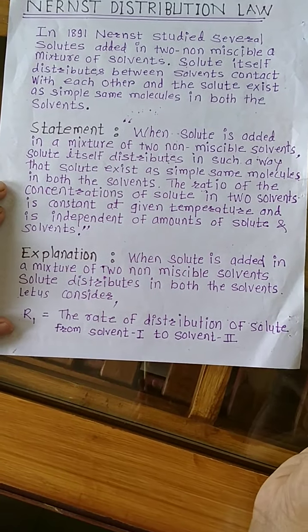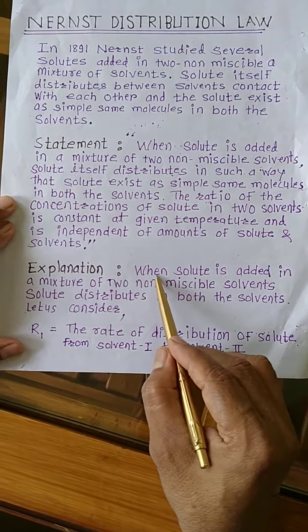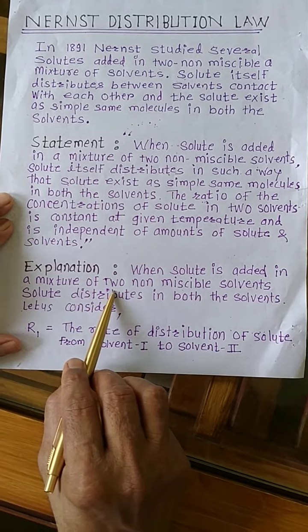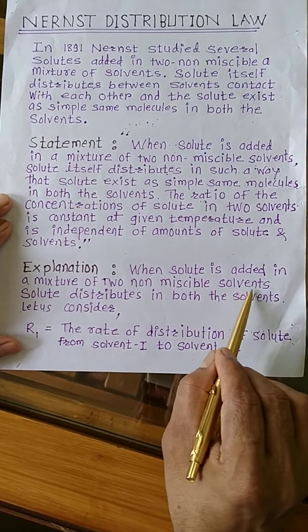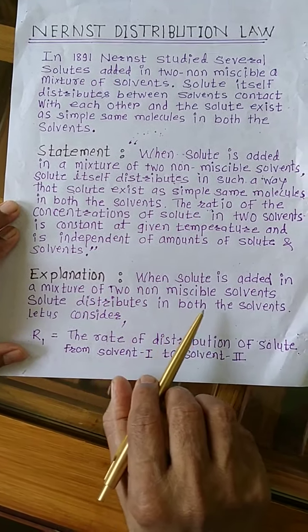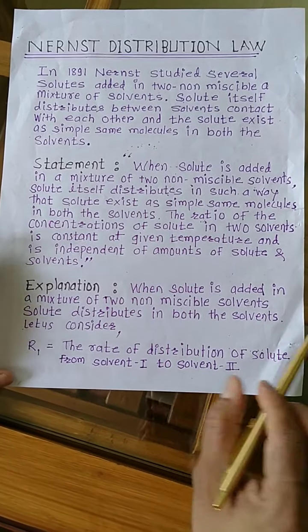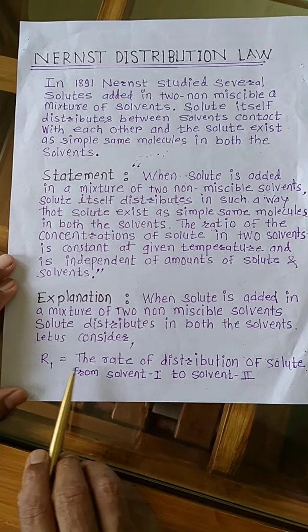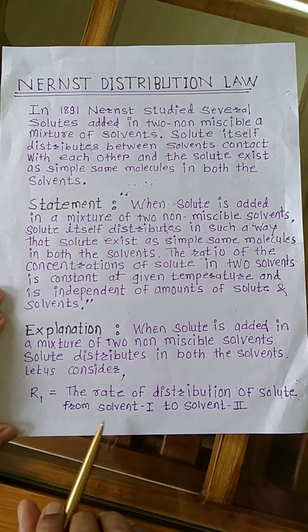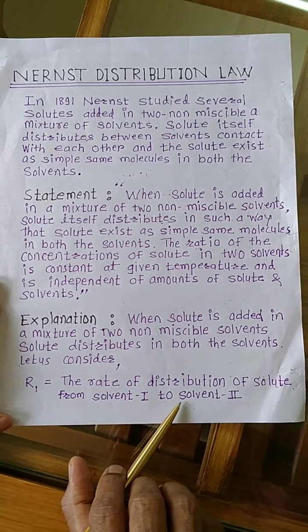Explanation. When solute is added in a mixture of two non-miscible solvents, the solute distributes in both the solvents. Now consider here R1 is the rate of distribution of solute from solvent first to solvent second.